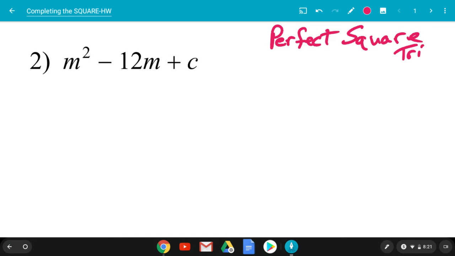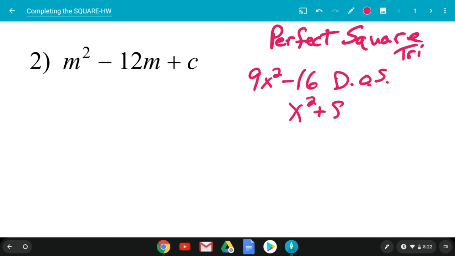For example, like we had 9x squared minus 16. What was that one called? That was the difference of squares, DOS, right? But now we're looking for the perfect square trinomials. For example, x squared plus 8x plus 16. Is that a perfect square trinomial?